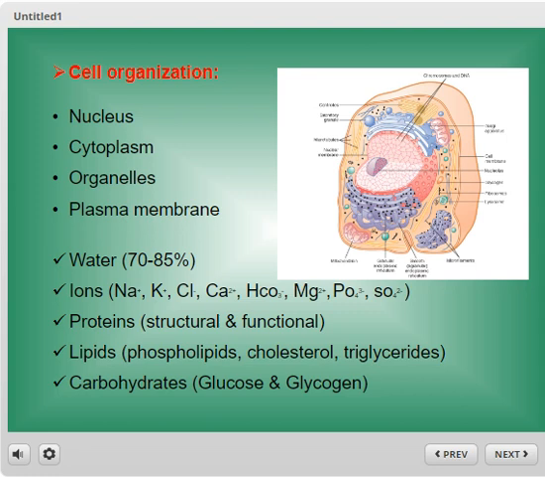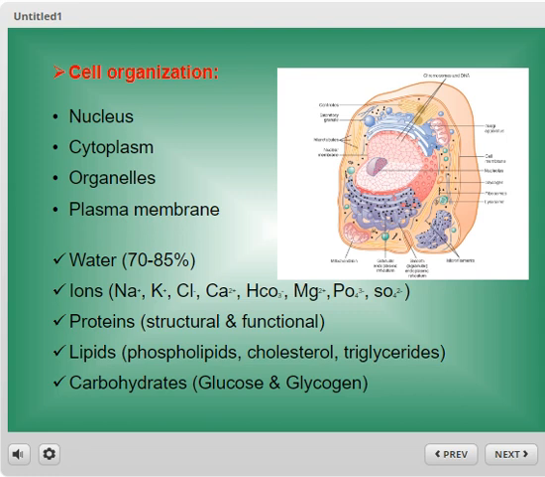And ions are another component of the cells that is essential for cellular function. We have different types of ions in the cells: sodium, potassium, chloride, calcium, and bicarbonate, and other types of ions.